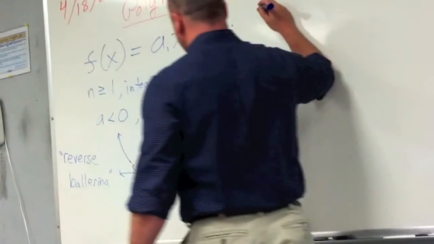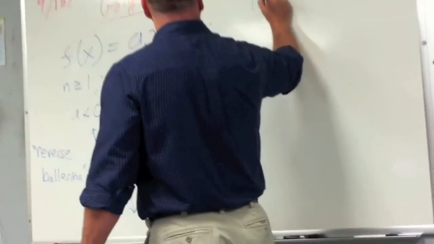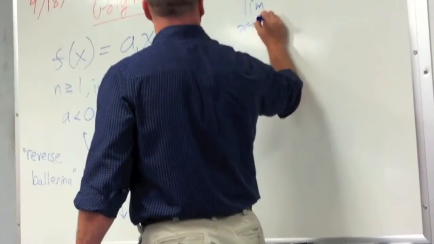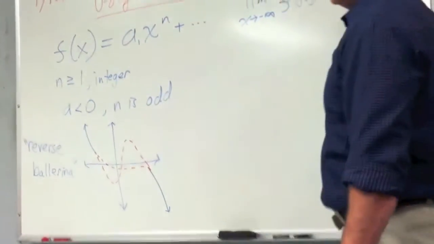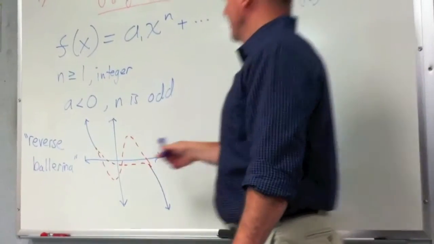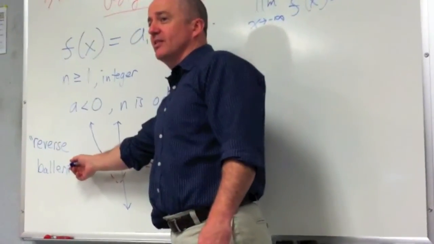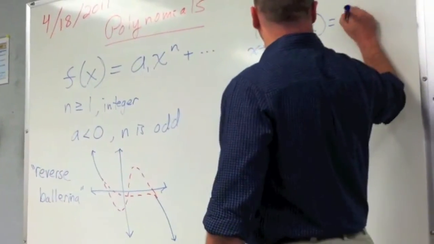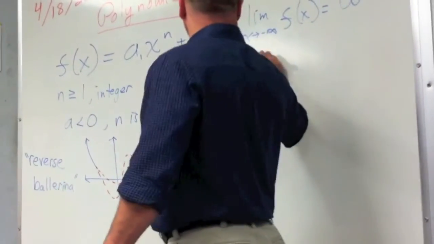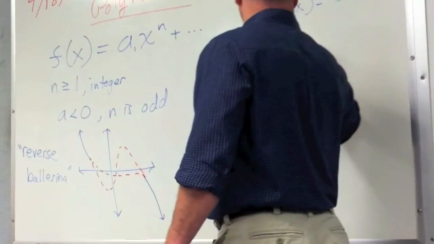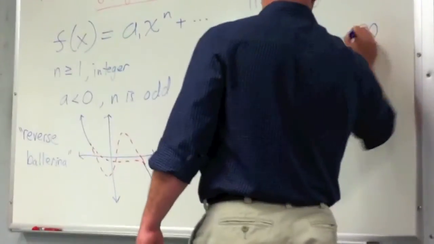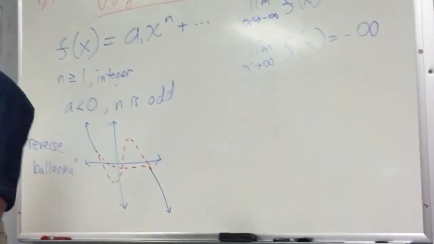And the actual notation. See if you guys can do this. What is the limit as x approaches negative infinity of this function? As we go to the left, it's going up, infinity. And as x approaches infinity, it's downwards. Yes. The limit as x approaches infinity of the function is downwards as far as we can imagine, so we'll say that's negative infinity.